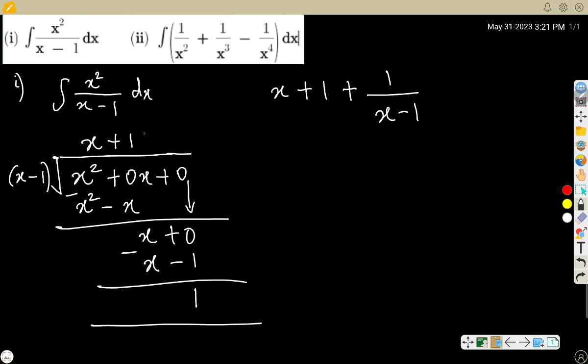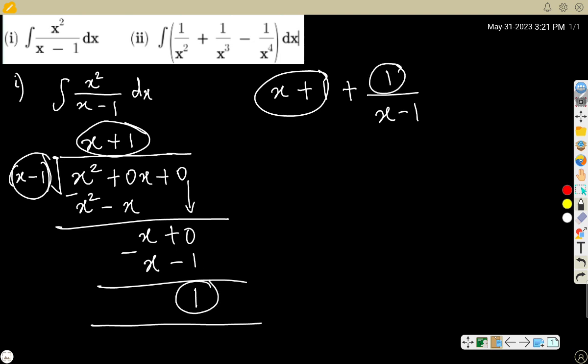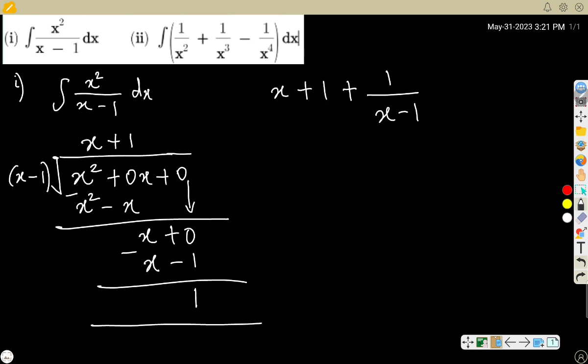So you write your quotient, this is it, then this remainder 1, write it up, over your divisor, x minus 1. Do you get that now?